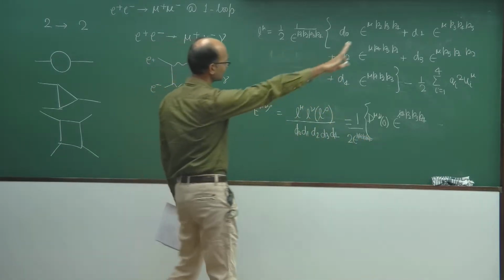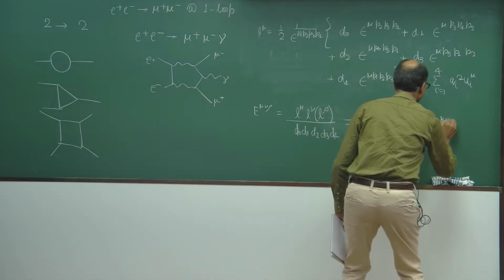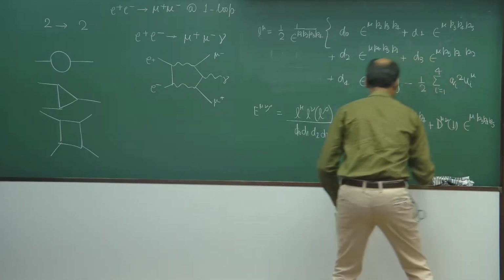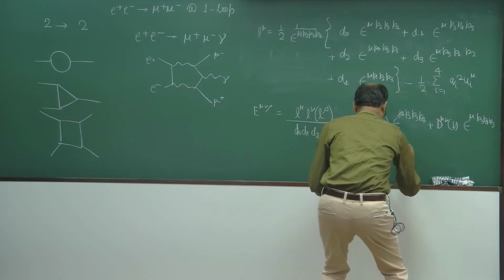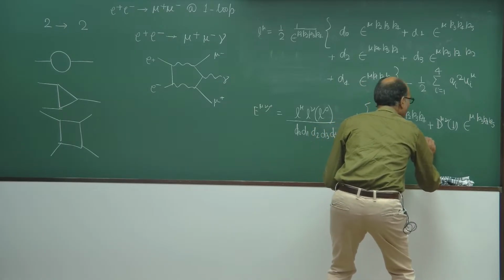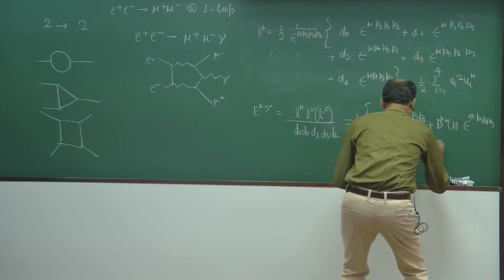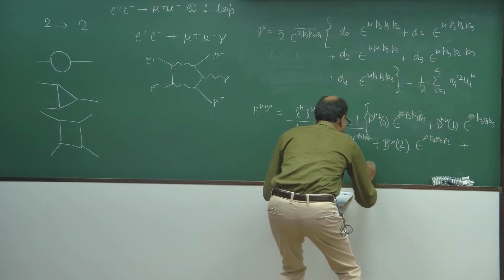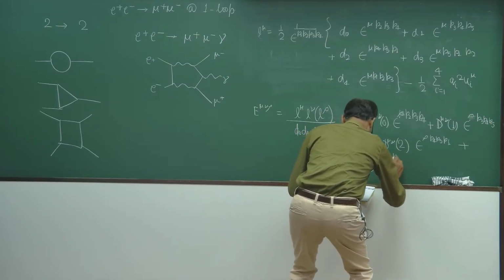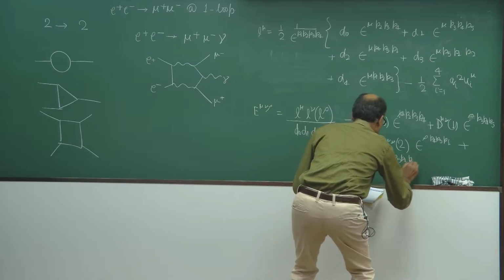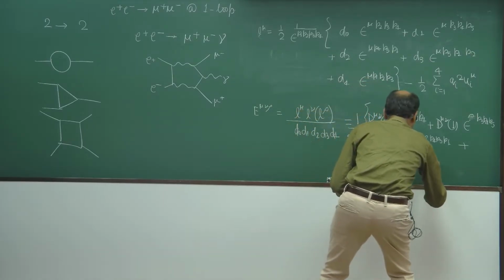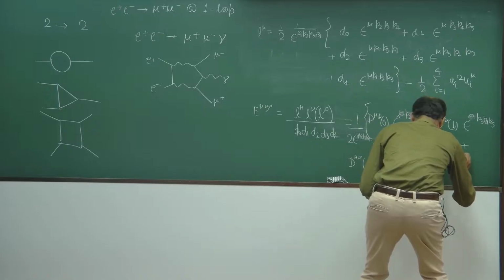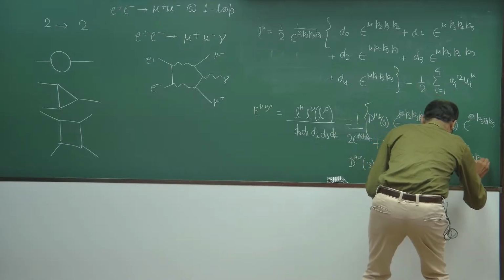So I can basically write down the others also, which is nothing but now D mu nu with first propagator missing in this term, epsilon mu P3, P4, P5 plus D mu nu the second propagator missing, epsilon rho P4, P5, P1 plus D mu nu third one, epsilon rho and P5, P1, P2 plus D mu nu fourth propagator missing with epsilon rho P1, P2 and P3.